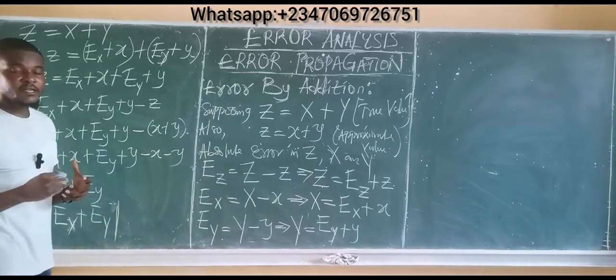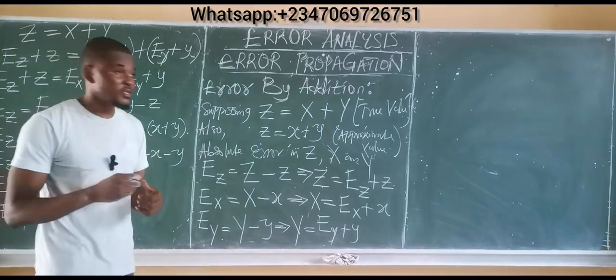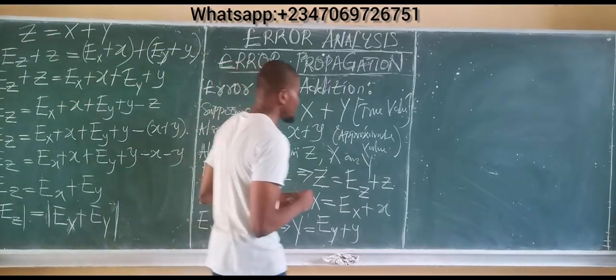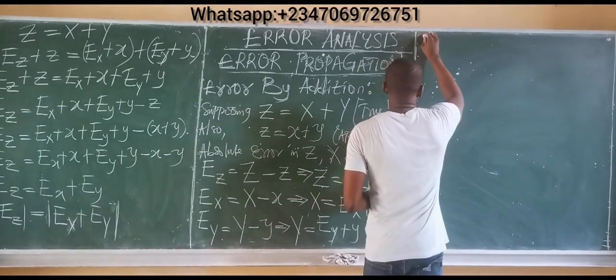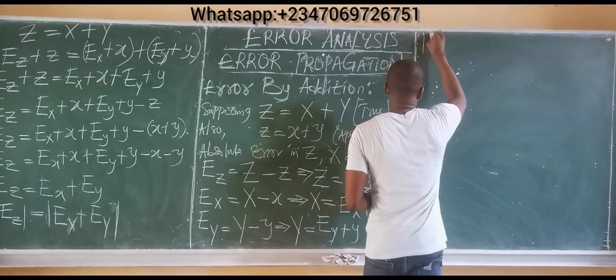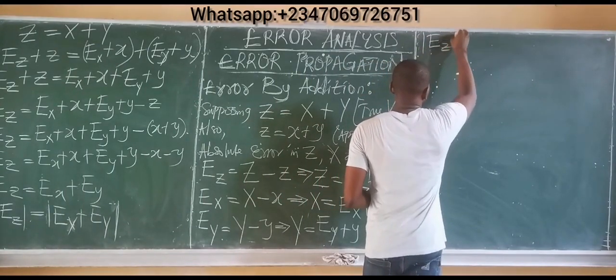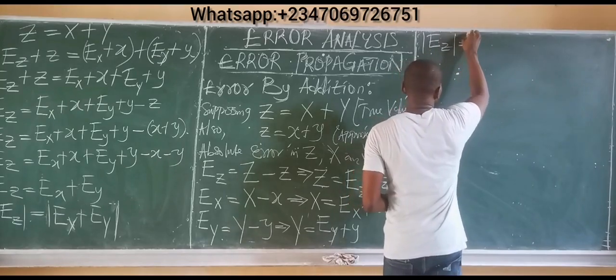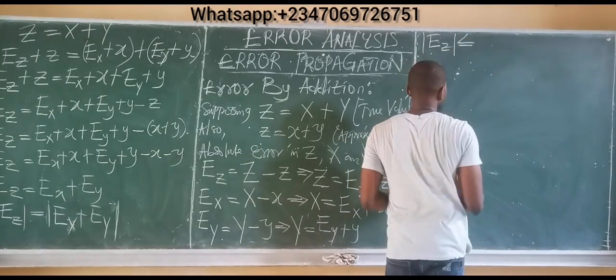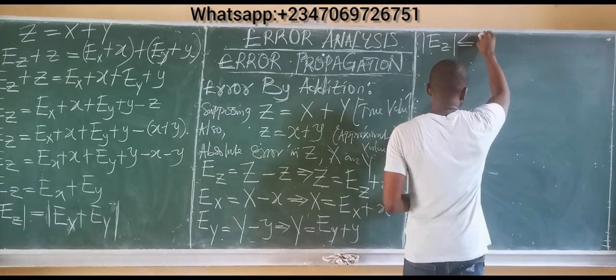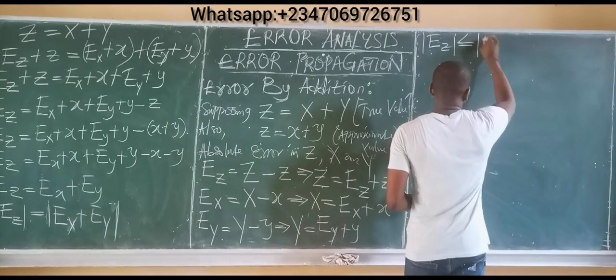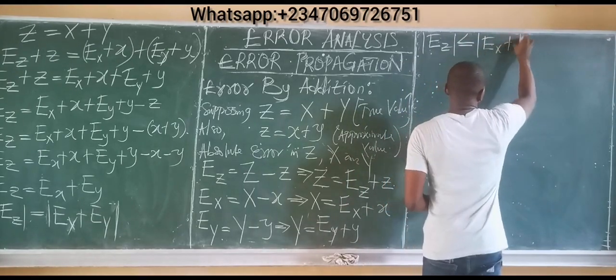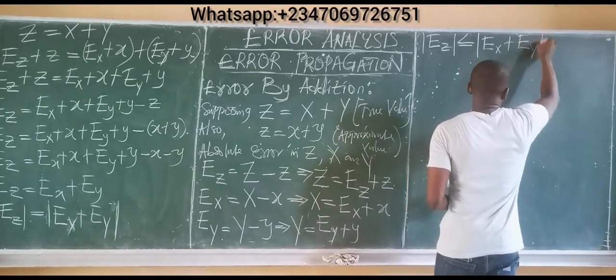And introducing the triangular inequality, the modulus of the error in z is less than or equal to the modulus of error in x plus the modulus of error in y.